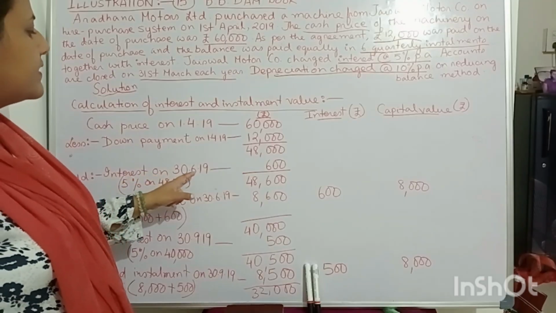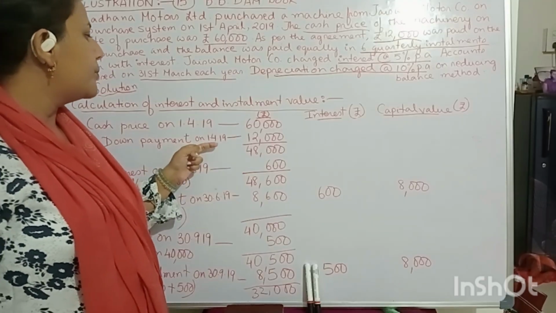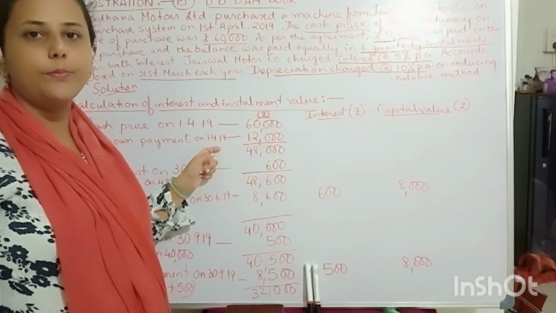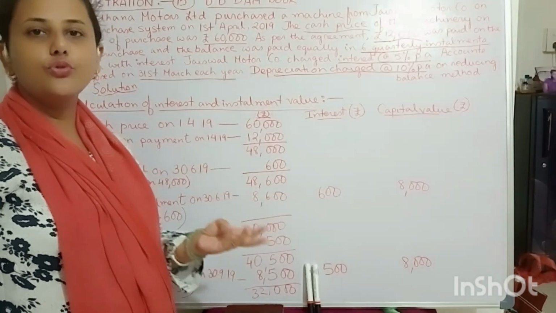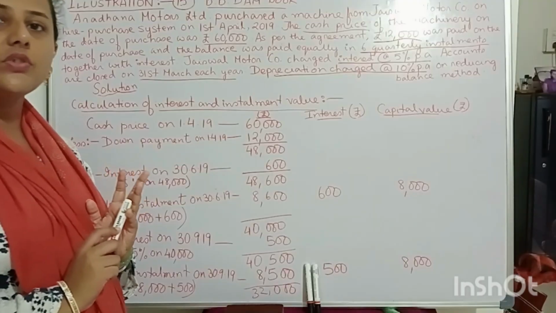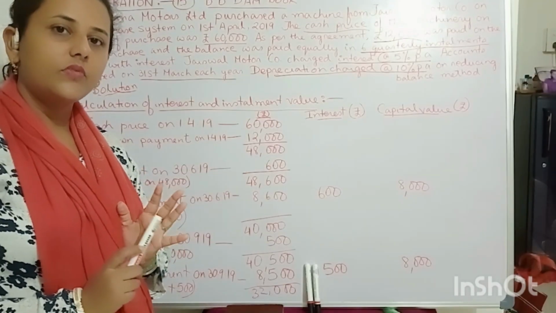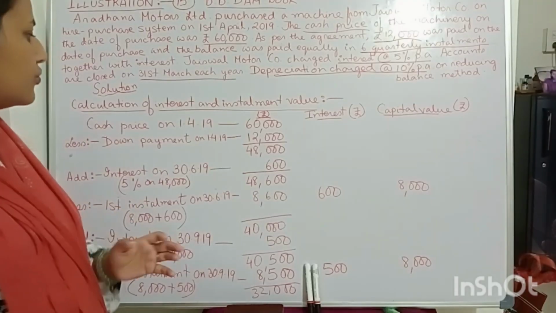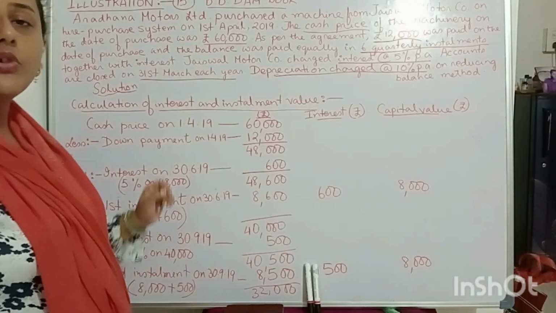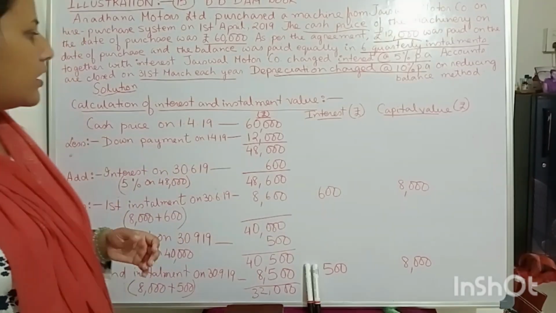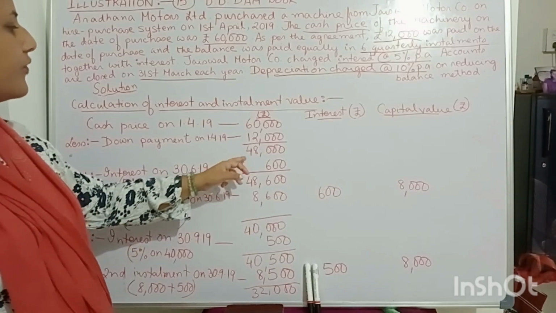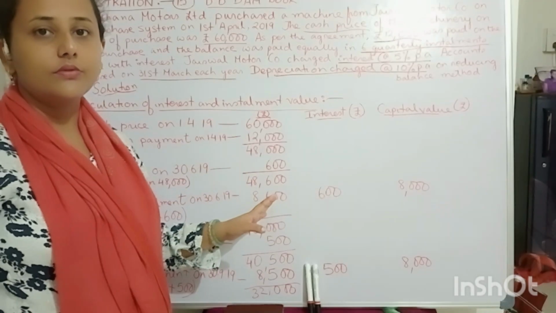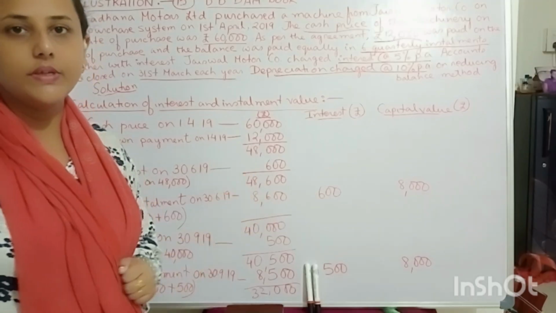Interest on 30/6/2019, because the machinery was purchased on 1st of April. So April, May, June. The first installment is paid at the end of June, that is 30/6/2019. So it will be 5% on 48,000 for 3 months, because it is quarterly basis.